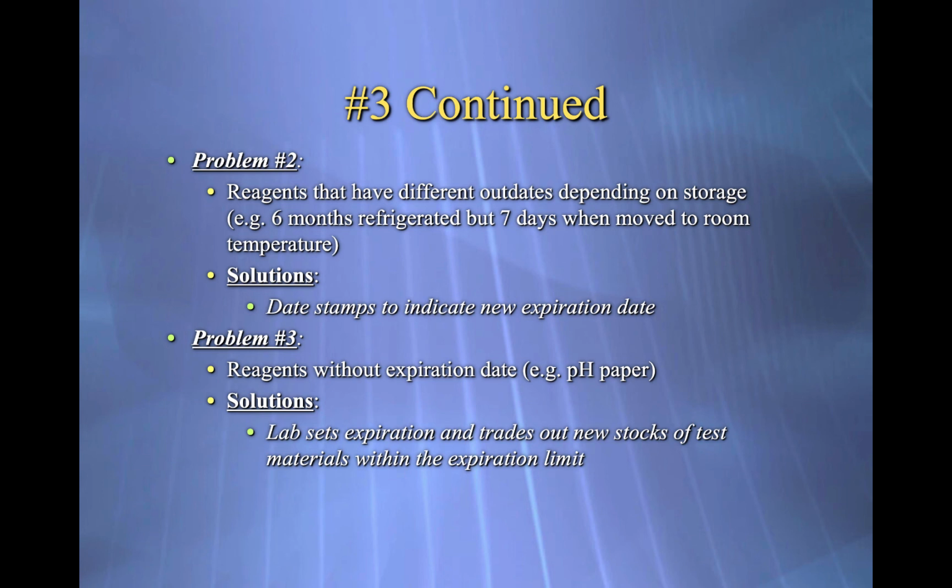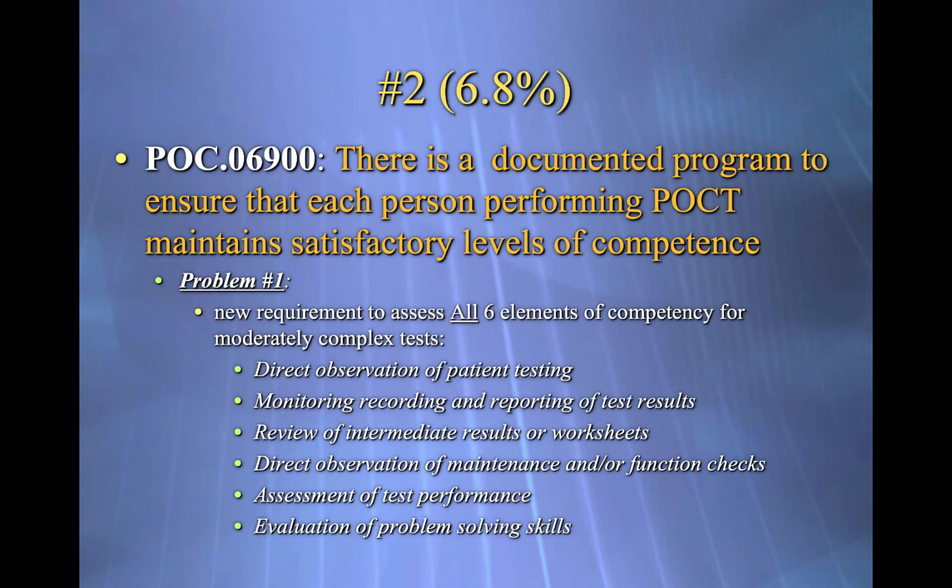The lab sets the date and distributes it out in one fell swoop, gathering all the old stuff in, and then before the next expiration date, goes out and gives it out again and brings the old stuff back in.